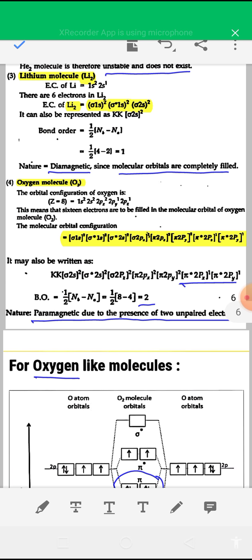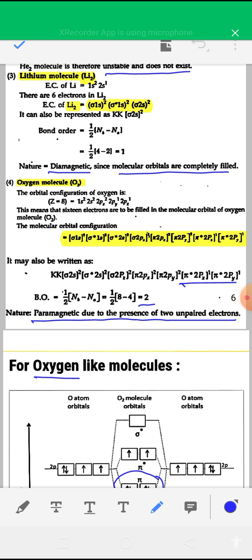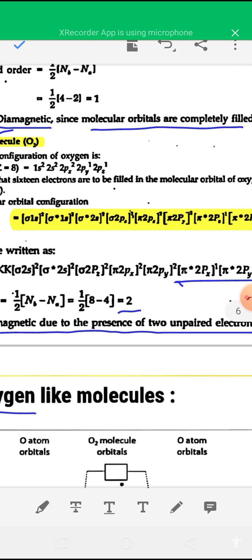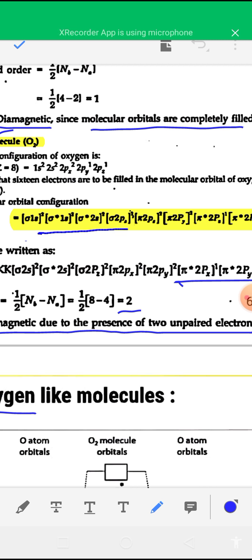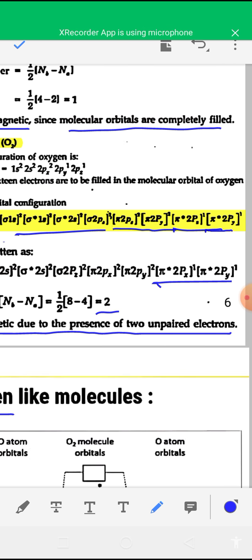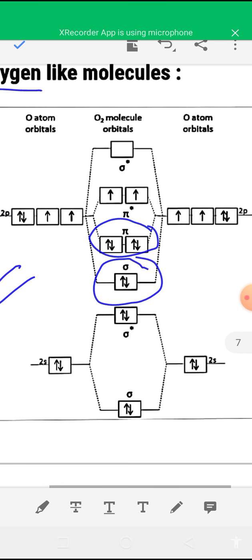The molecular orbital electronic configuration of oxygen is sigma 1s2 sigma star 1s2 sigma 2s2 sigma star 2s2 sigma 2pz2 pi 2px2 pi 2py2 and pi star 2px2 pi star 2py2.